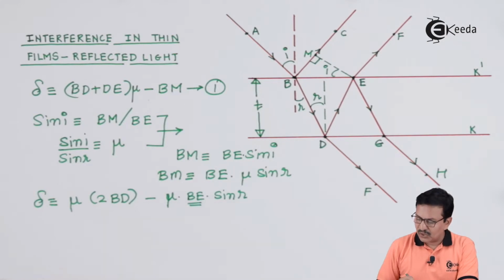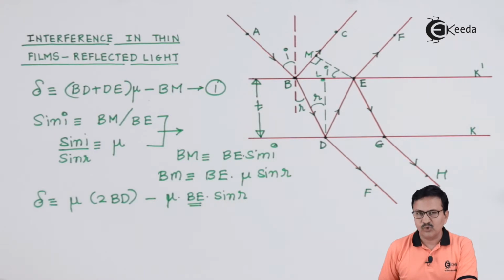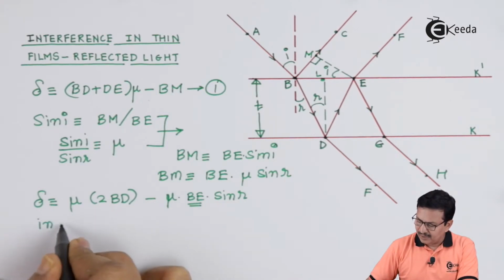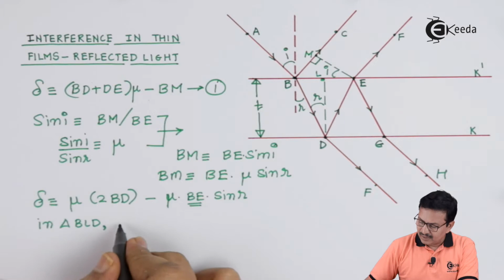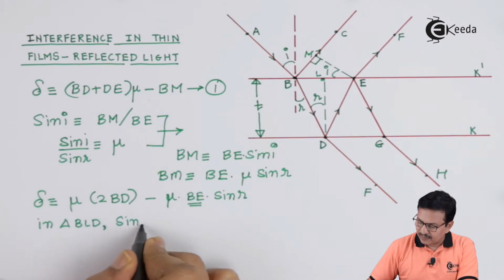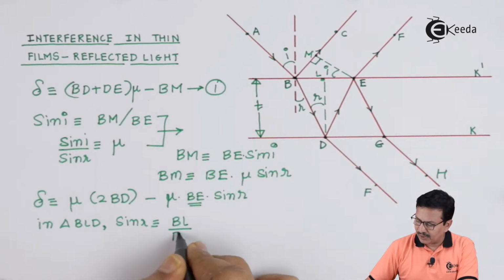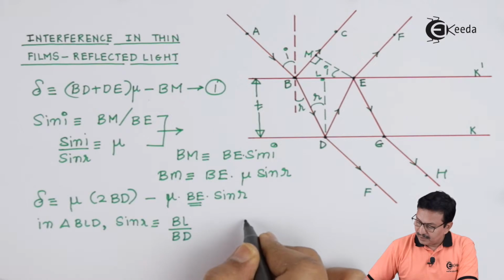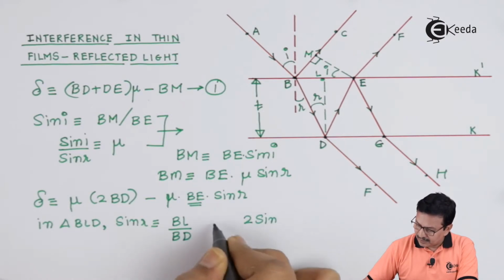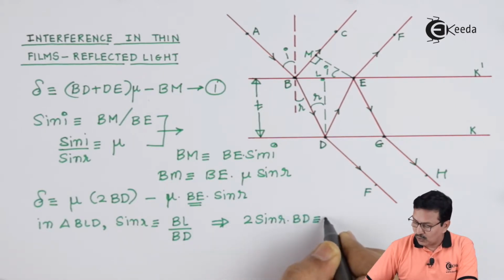Let us now try to find out the alternate expression for BE, and for doing that, let us consider this triangle, that is B, L and D. So in triangle BLD, we have sine of r equal to BL upon the hypotenuse BD, or you can write 2 into sine r into BD is equal to 2 into BL.